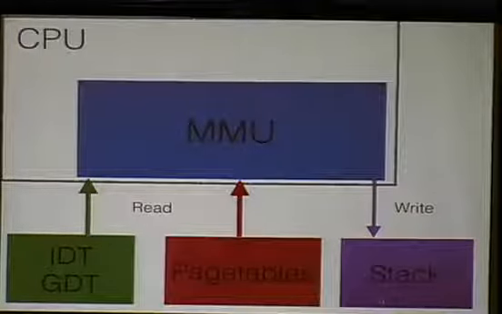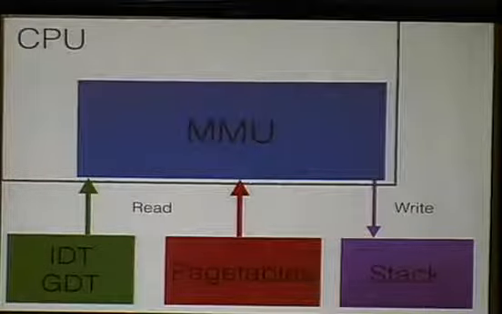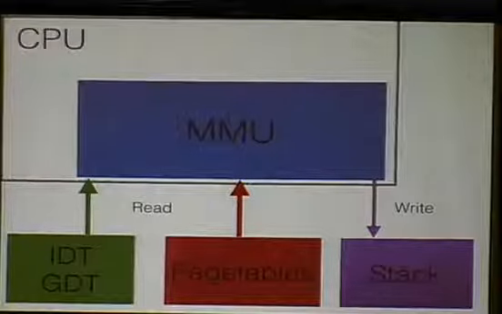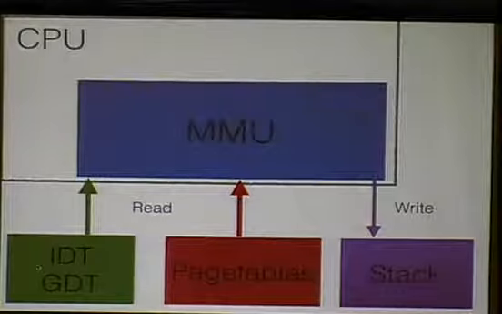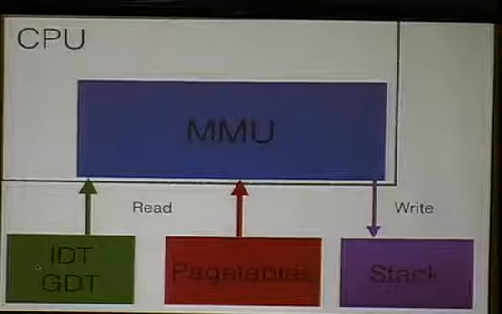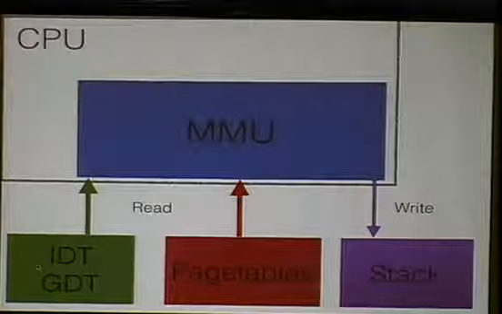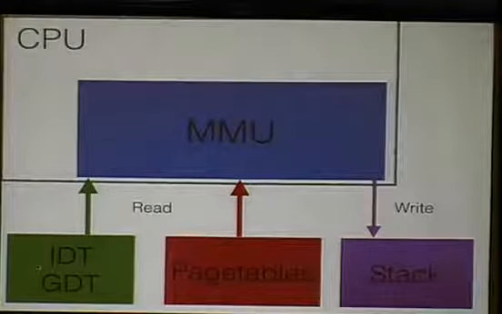Now, hang with me. What if the stack is where the page tables are, or where the IDT, GDT are, or somewhere overlapping with them in interesting ways, right? And the answer is yes. This is your tape. This is your tape. This is your Turing machine.